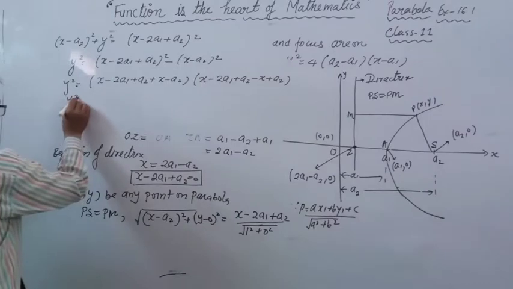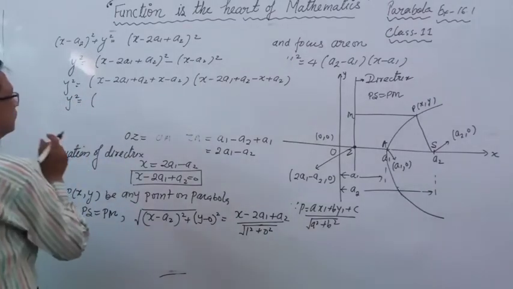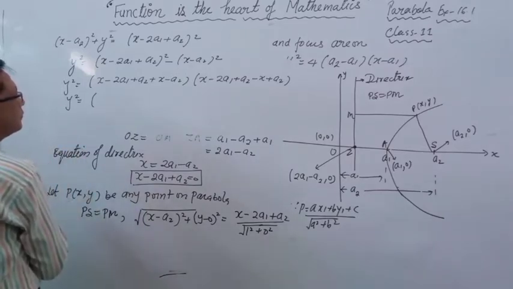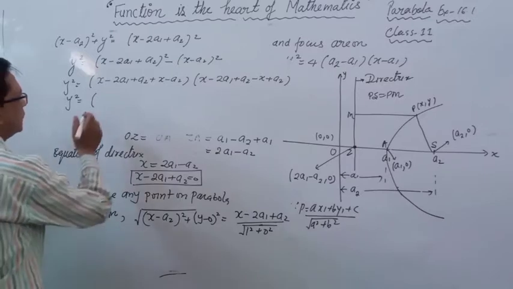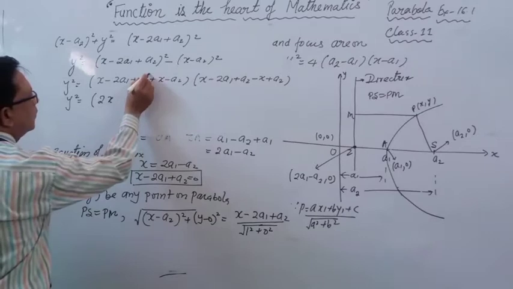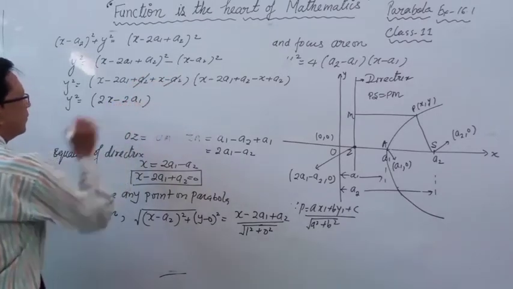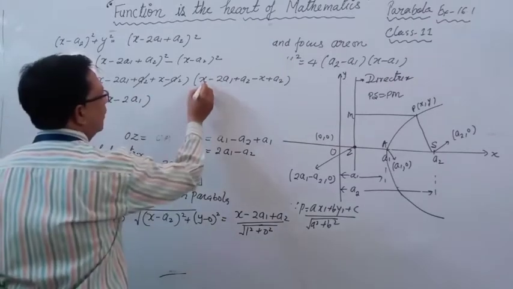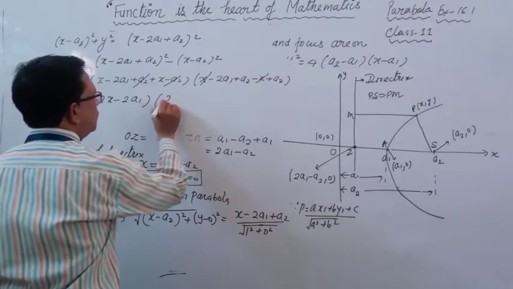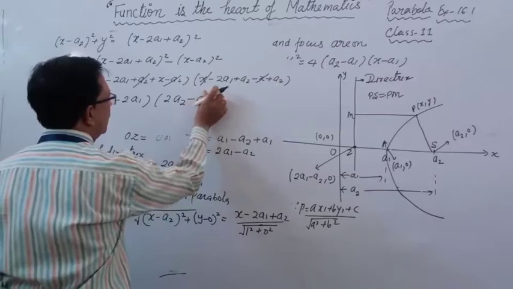So y square is equal to: this cancels out, minus 2a1, and here x cancels out, 2a2 minus 2a1.